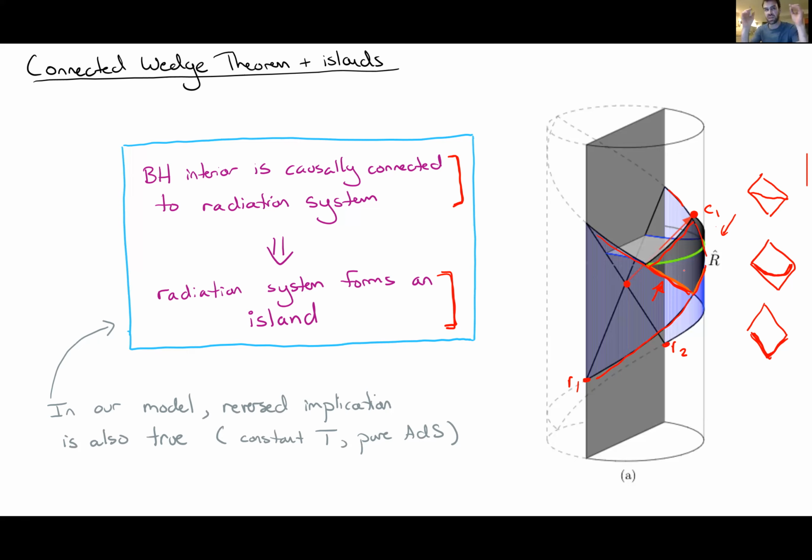when we say this subregion, or this portion of the radiation, reconstructs the black hole interior, we're just making that at the level of an information theoretic statement. So it's in principle possible to do some very complicated operation on that system to see operators in the interior.